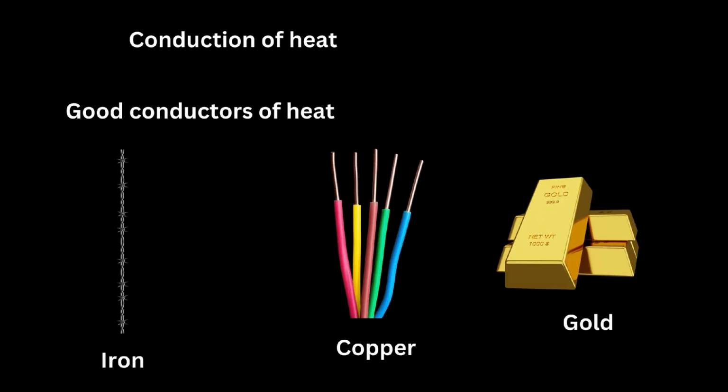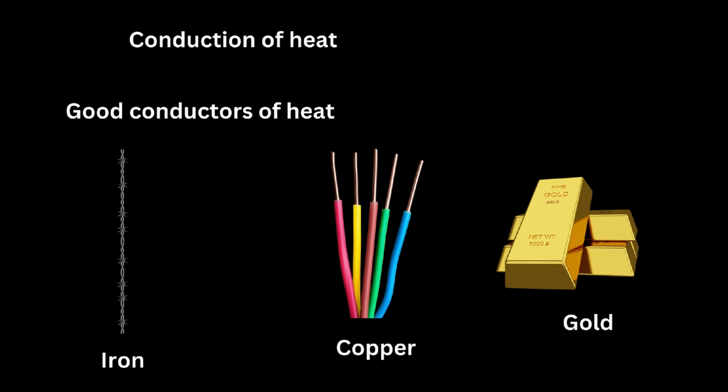Conduction of heat. Some materials allow heat to flow through them and are called good conductors of heat. Examples are all metals. Iron, copper, gold are some metals.